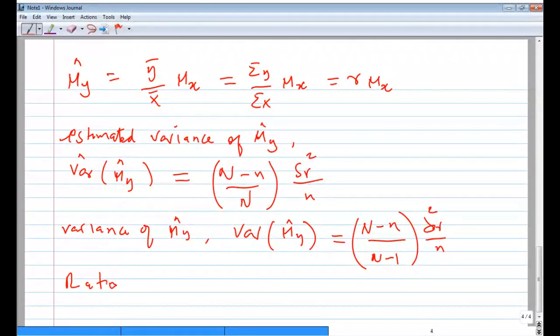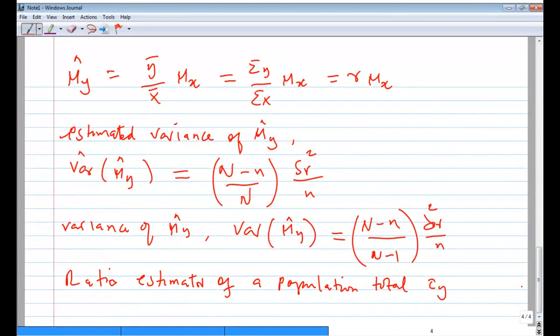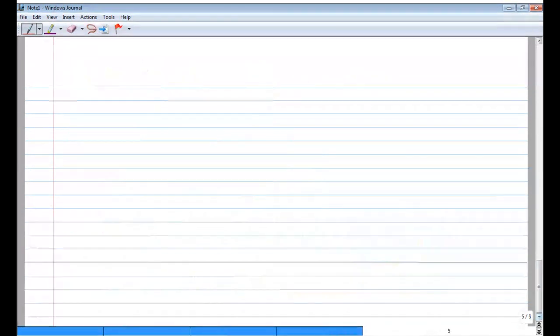Call it the ratio estimator of a population total. That is tau y. Okay. So it's what?